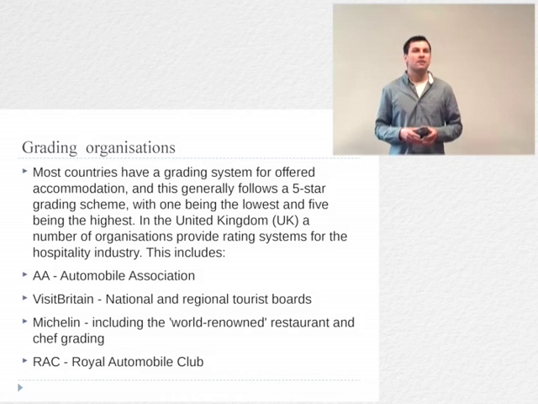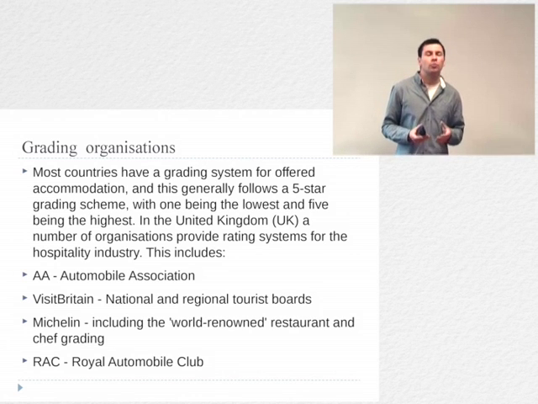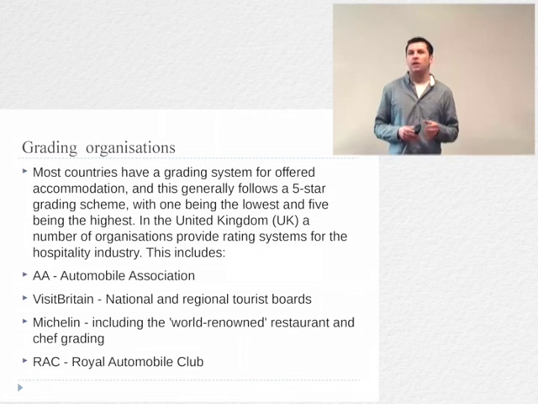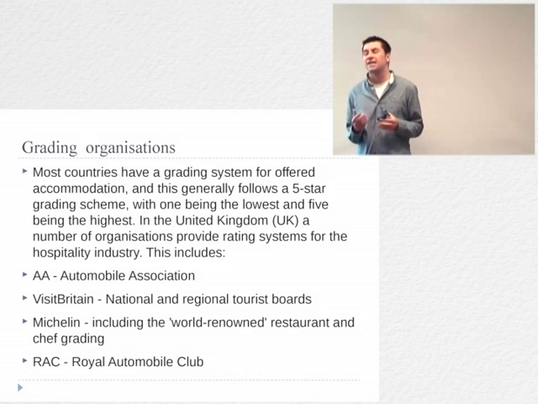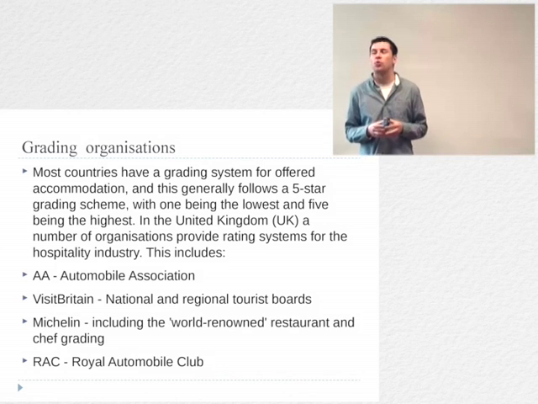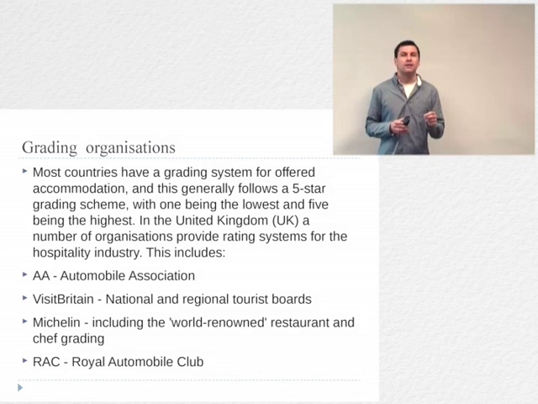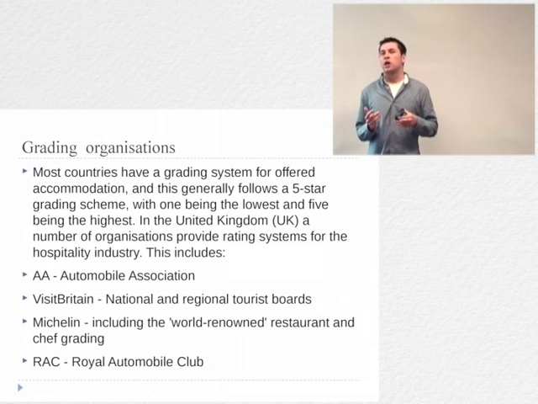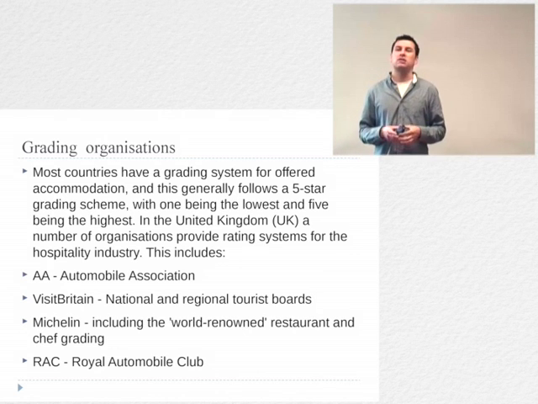This includes the AA, or Automobile Association, Visit Britain, which is a national and regional tourist board, Michelin, including the world-renowned restaurant and chef grading, and the RAC, or Royal Automobile Club.